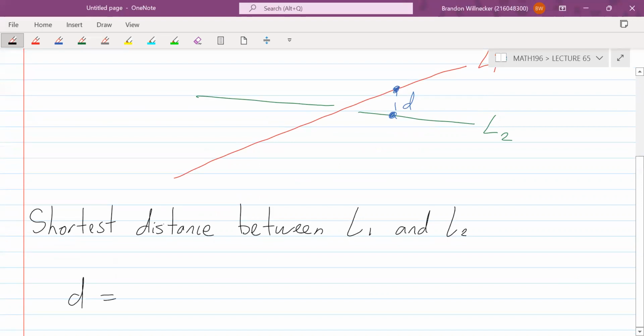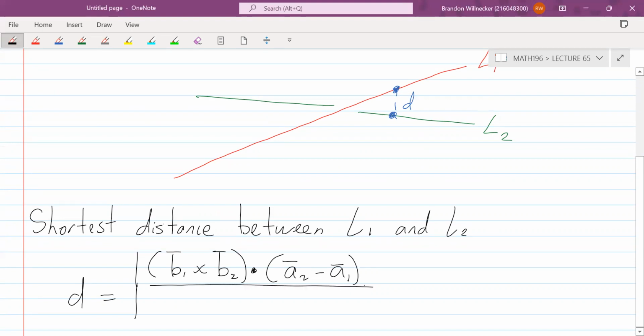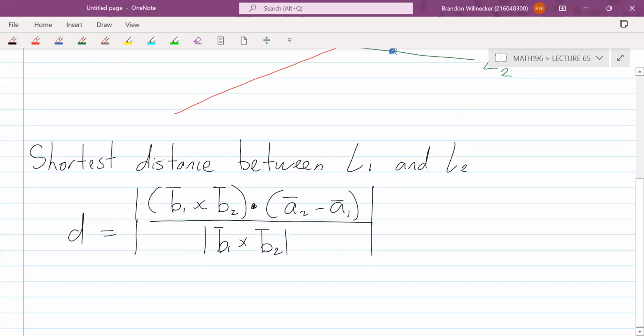D is equal to the absolute value of B1 cross B2 dotted with A2 minus A1, all over the length of B1 cross B2. Okay, so what are these A's and B's all about? The A's and B's relate to the two lines.